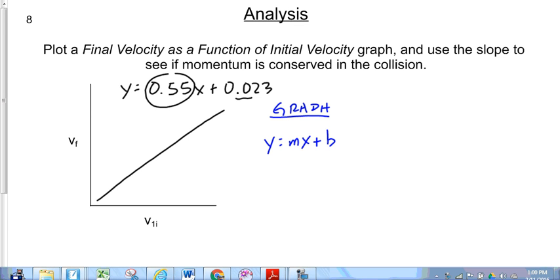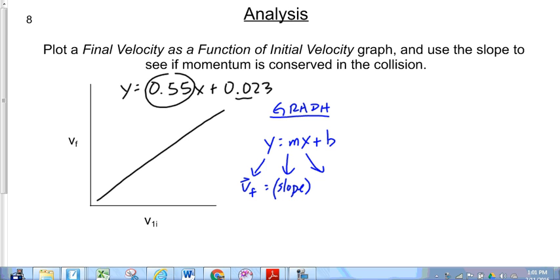So in other words, instead of just calling it y and x, we're going to call it VF because it's VF on the y-axis. We're going to replace the letter M, by the way, with the word slope. I don't like using the term M for slope because I find what often happens is we get it mixed up with mass. So call it the word slope, and then we're not going to get it mixed up.